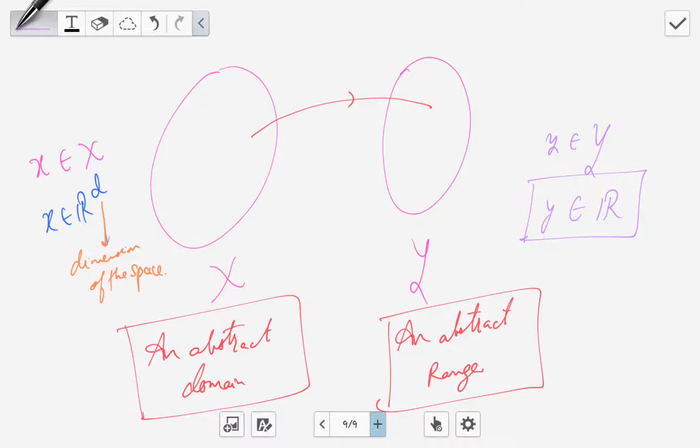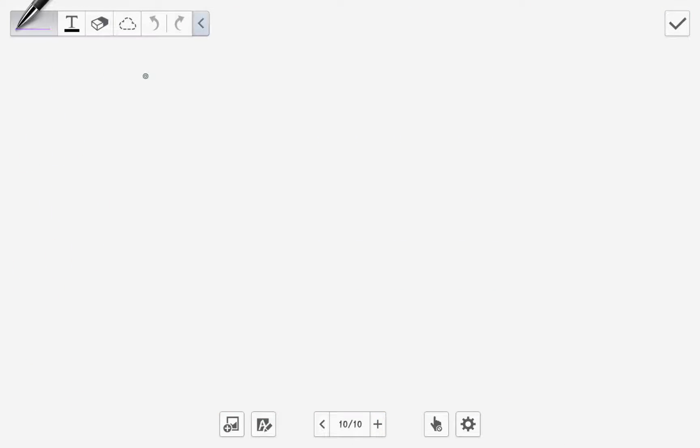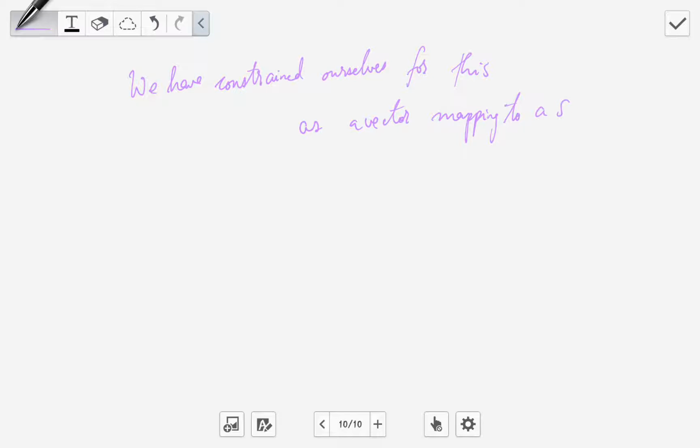So we have constrained ourselves for this as a vector mapping to a scalar.